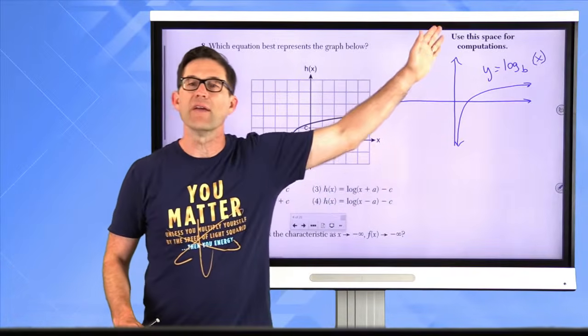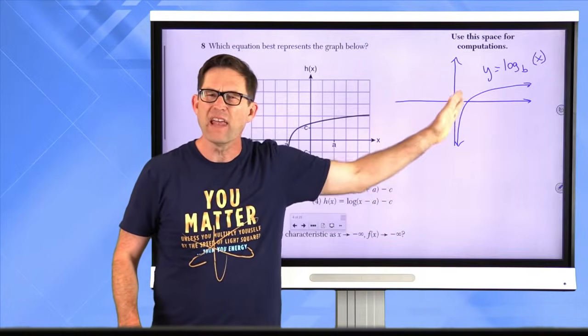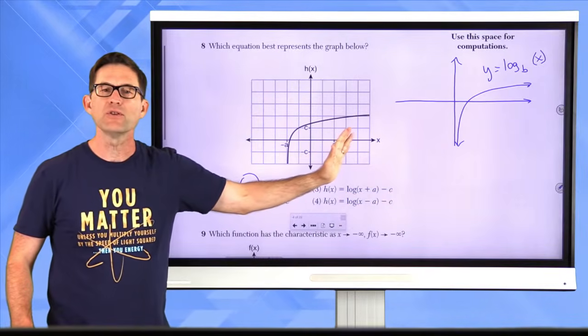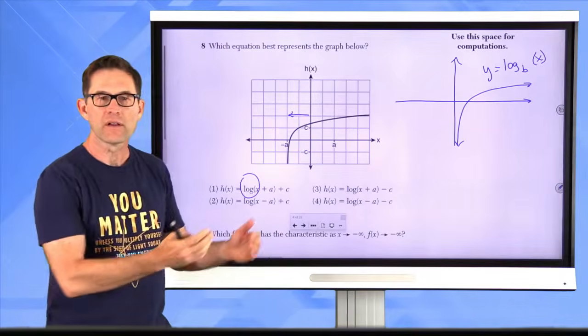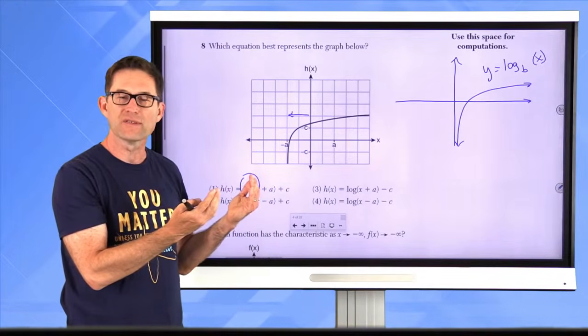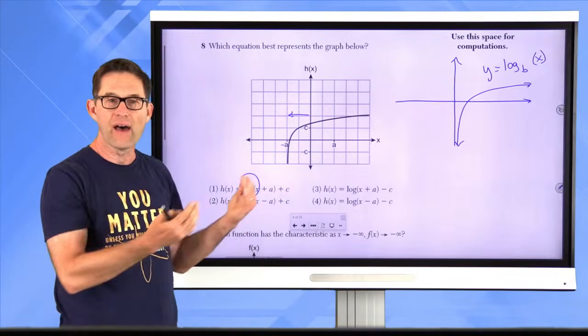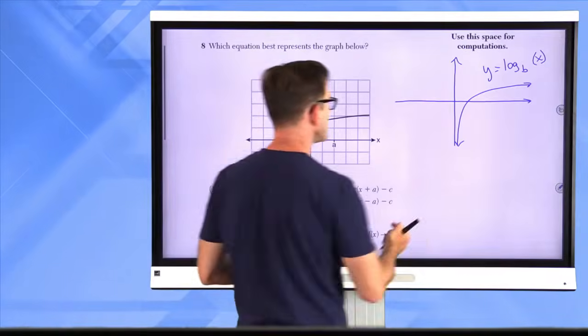What does it mean by they look like this? It means that they have a vertical asymptote at the y-axis, meaning that they bend vertically as they approach the y-axis. This one has clearly been shifted by a units to the left. Now remember, in order to shift something to the left by a units, we will have to add a to the x directly.